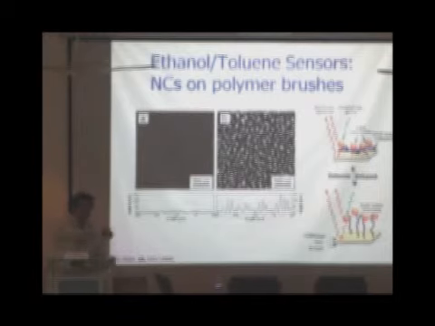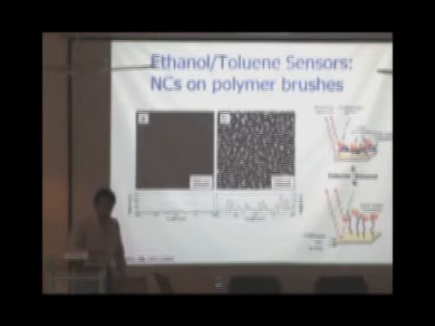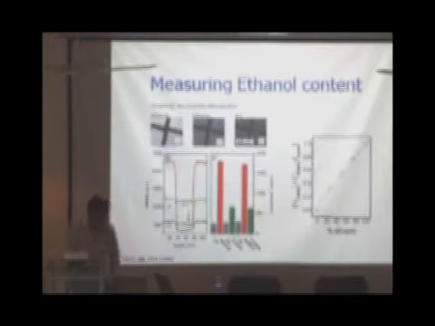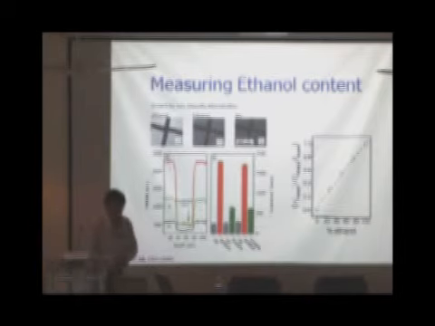But when it's in a swollen state, the particles come out and we do observe a lot of intensity. So that's the kind of thing I'm talking of. In ethanol, you see a very bright, intense thing. In toluene and in the dry state, it's dark. And the good thing is it's very, very linear, so you can know exactly what content of ethanol is present over there in the environment.